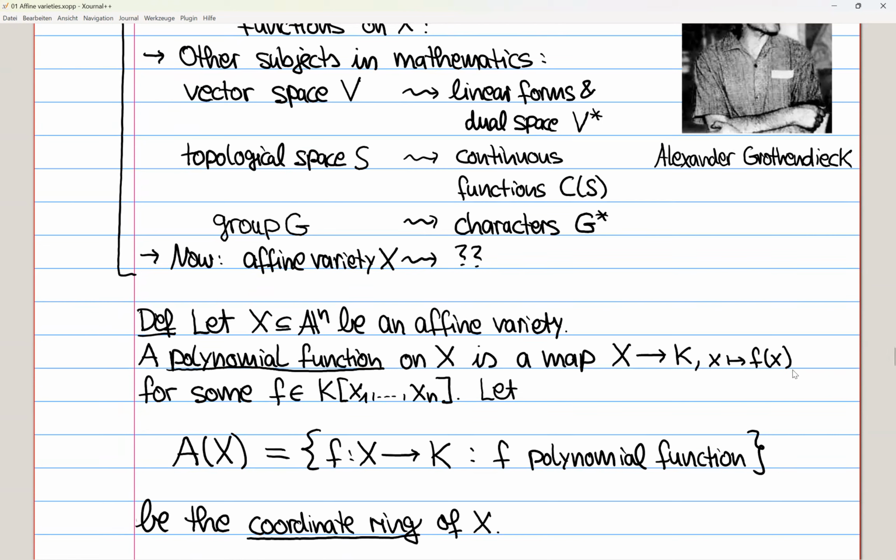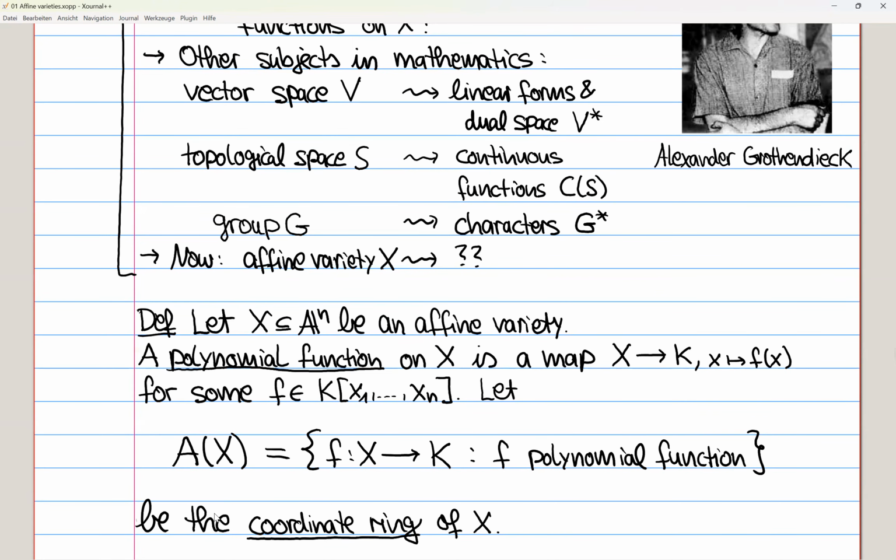It sends each x to some element in this base field, and this function should be described by some polynomial in these ambient n coordinates. And then we let A(X) be the set of all such functions, and we call it the coordinate ring of X.